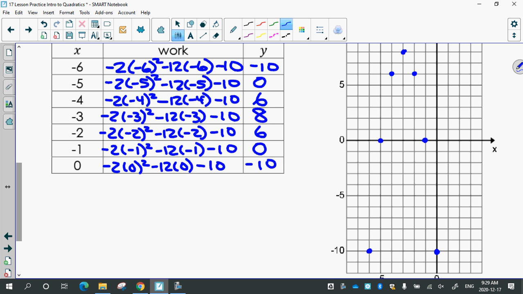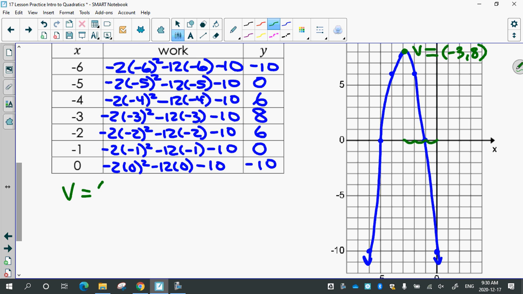Okay, so this time, our vertex is -3, 8. So the vertex is -3, 8. We're checking to see whether our step pattern is right.